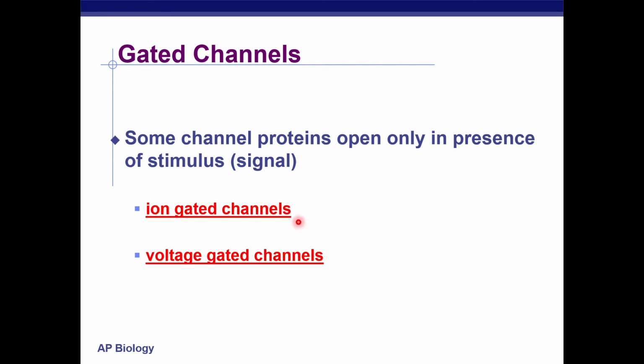So like ion-gated channels, the neurotransmitters, they're going to bind to the gate, and that allows that channel to open up and sodium can enter the cell. We'll see more about ion-gated channels when we talk about the nervous system. Voltage-gated channels, so once again, when we have a nerve impulse that's moving down an axon, it changes the voltage of that structure, and so changing the voltage can also cause those gates to pop open.